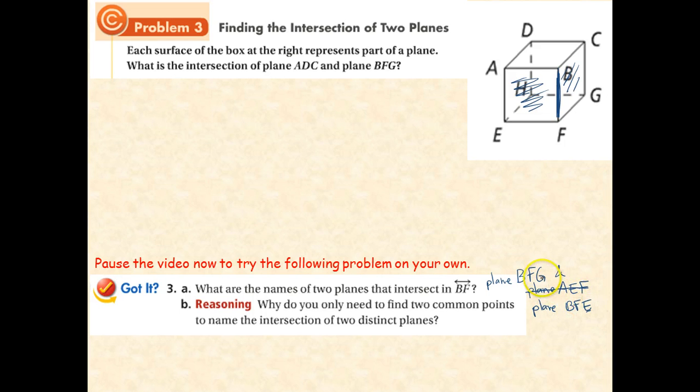And as long as E is not on plane BFG, you know that these two planes intersect on line BF, because they both have BF on them, and through any 2 points there's exactly one line. So that one line is in both planes.